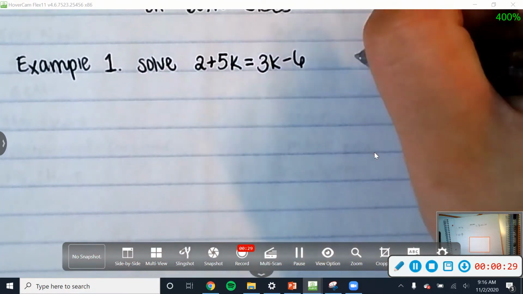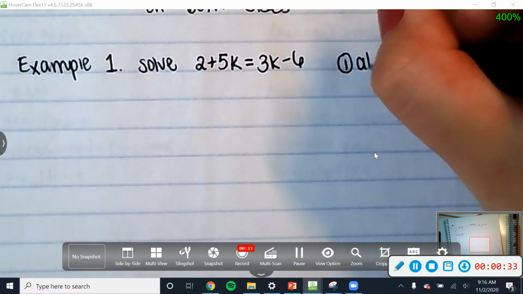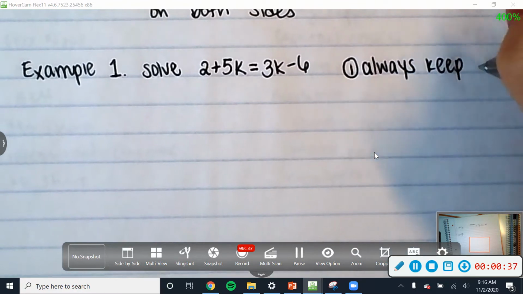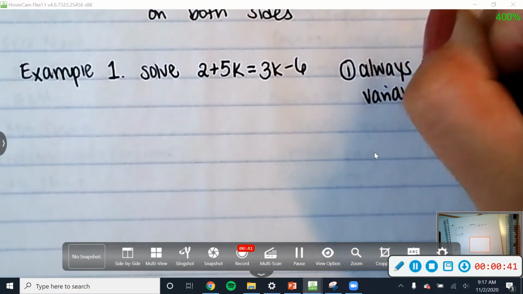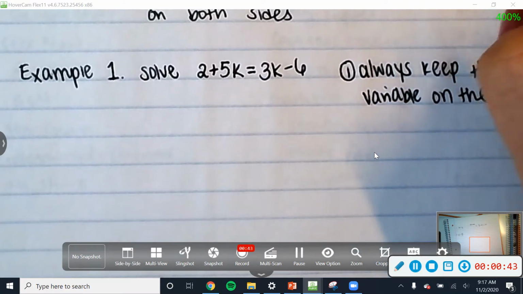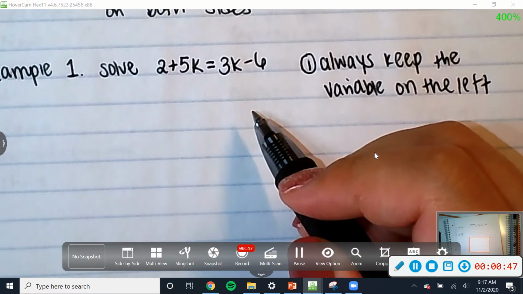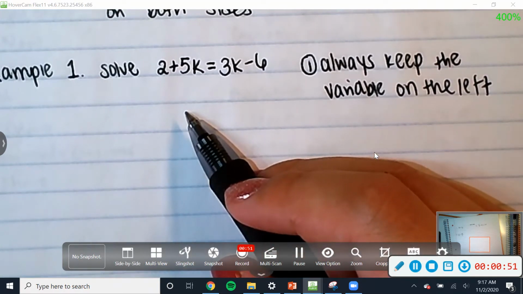So when we see variables on both sides, we need to make sure that we follow the correct steps to solve. The very first step that we are going to do is we always are going to keep the variable on the left. Okay, always keep the variable on the left. You can solve other ways as well, but in this case, we're always going to keep it on the left.